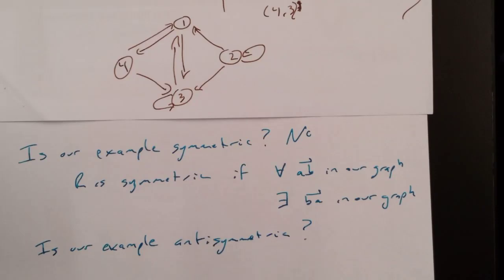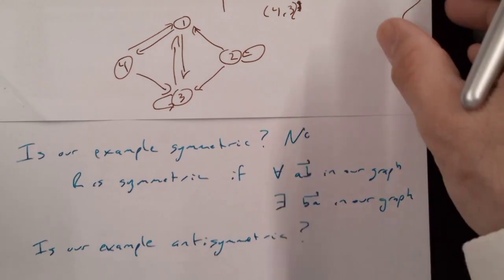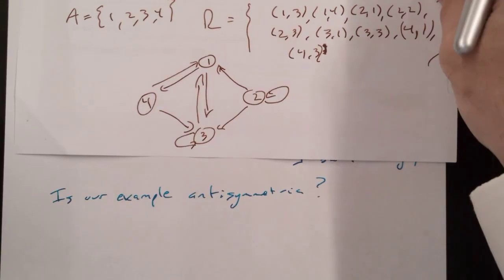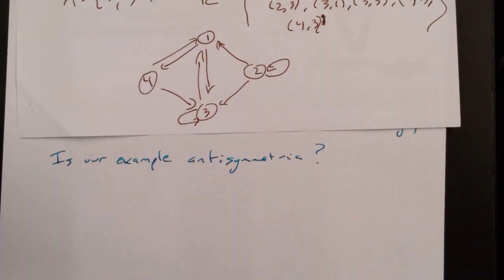Now, antisymmetric was the one that was the weird definition. I never really liked it, but I promise there's actually a good way to interpret that in this picture that is helpful. So let's go back and look at the definition of antisymmetric. What does antisymmetric say? What was our definition from Monday?